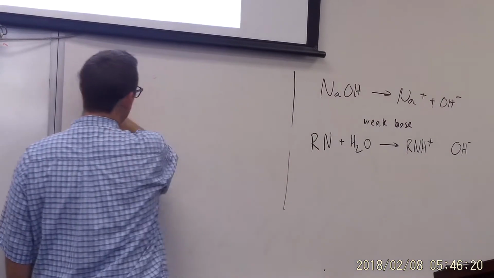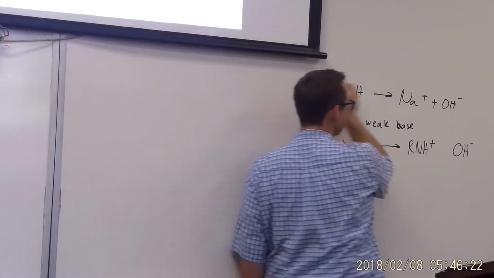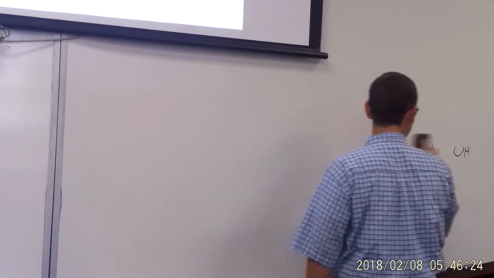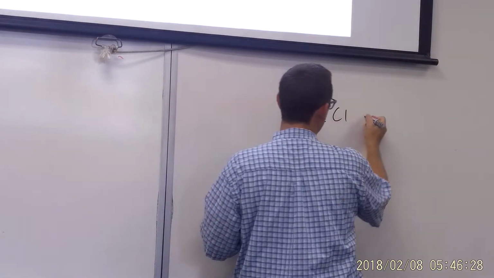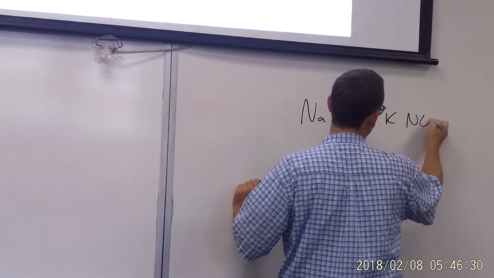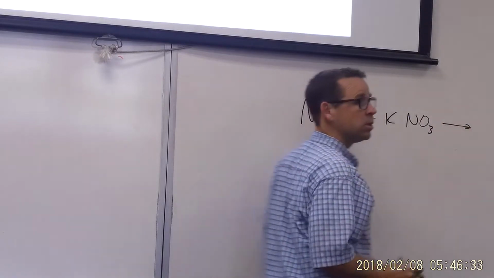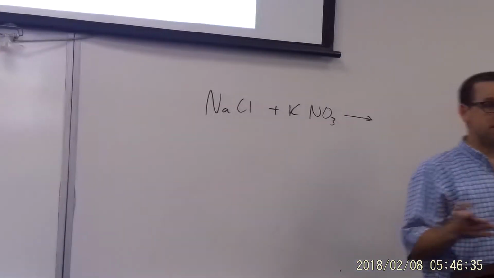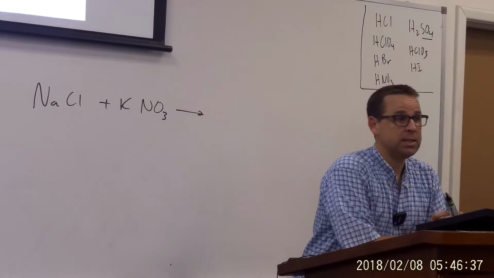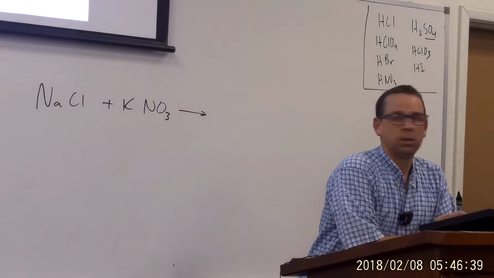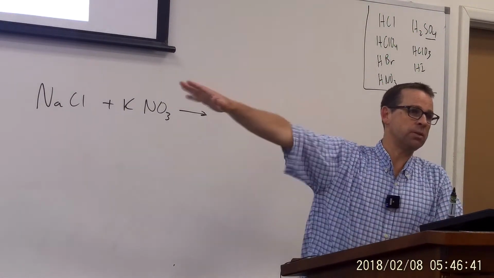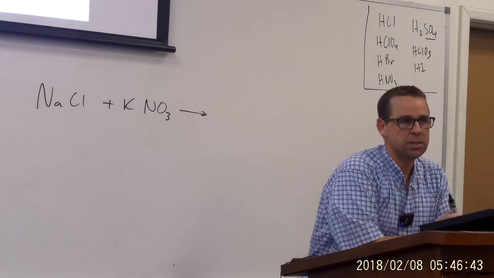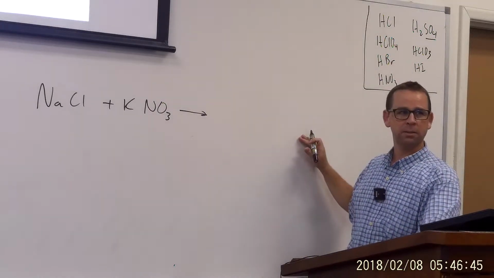Now, if I mix something like sodium chloride and potassium nitrate, and I ask, is this a chemical reaction? Following our pattern, I just erased it over there, A, B, C, D, that business. What are our products?